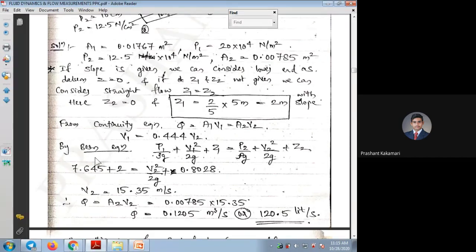Now they need an equation relating V1 and V2. Which equation relates V1 and V2? That is the Bernoulli equation at the entry and outlet side. In the given taper pipe, the inlet and outlet velocities can be related by the Bernoulli equation: pressure head, velocity head, and datum head.